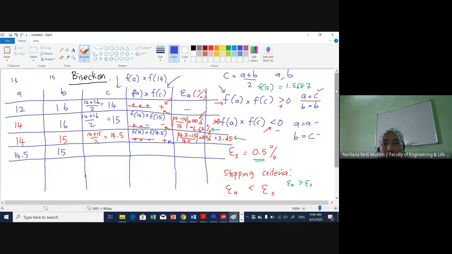Okay, so you have to stop the calculation when this absolute error value is less than 0.5. Once the value is less than 0.5 for the first time, then stop the calculation. I want to know what is the C value at this point. That is our approximation value. So the last value in column C will be the approximation value using the bisection method.